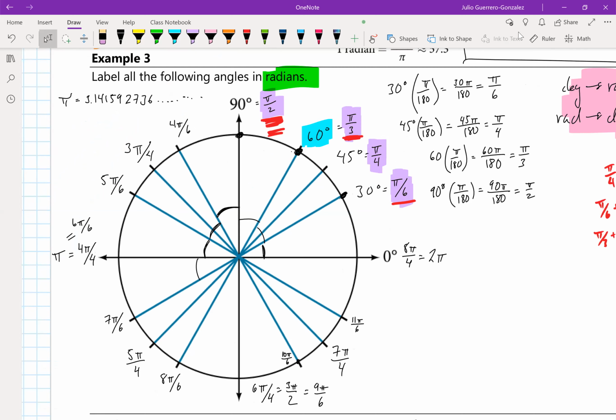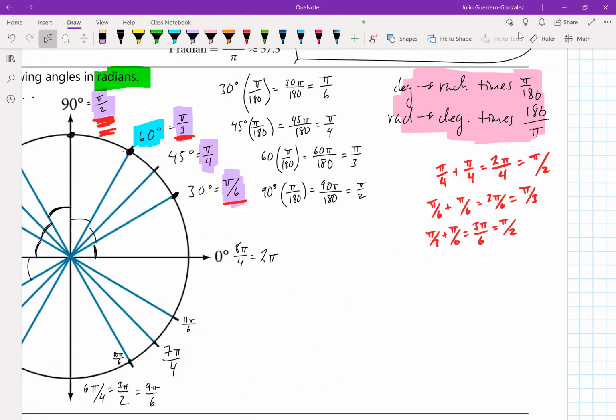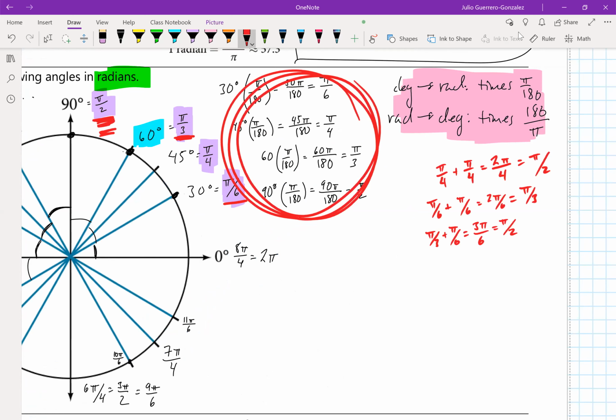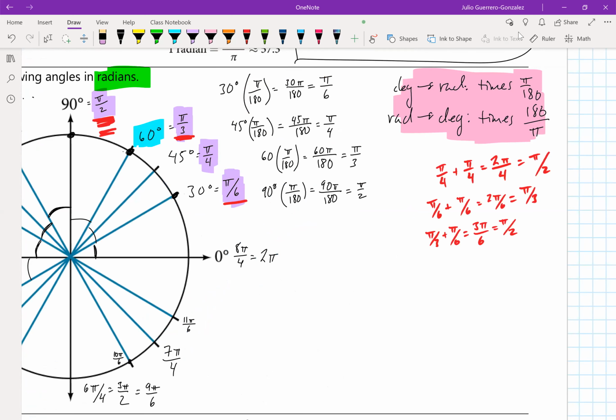Okay. What I do want to do is, what we did up here was we converted degrees into radians. I now want to go from radians backwards toward degrees. And the example I'm going to use is that one, 7 pi over 4.